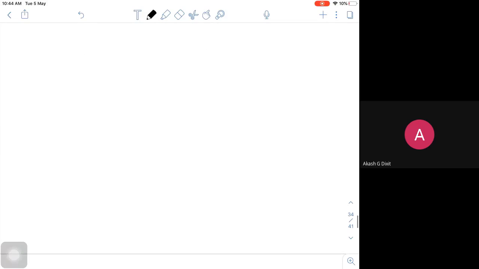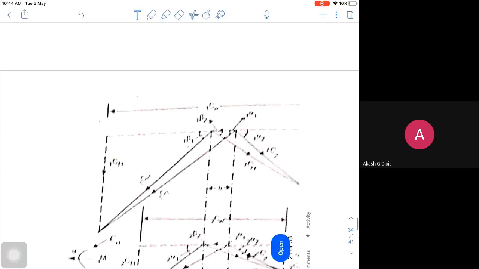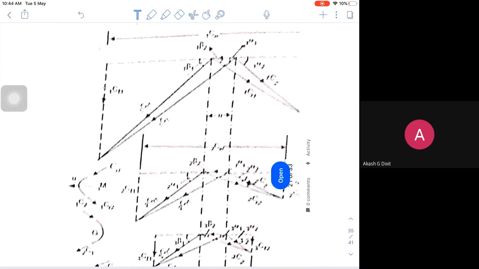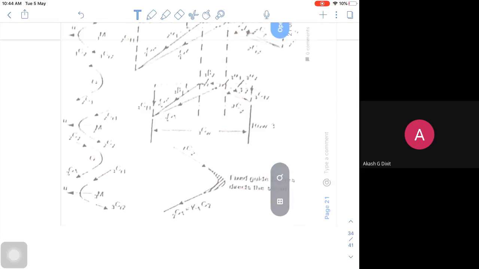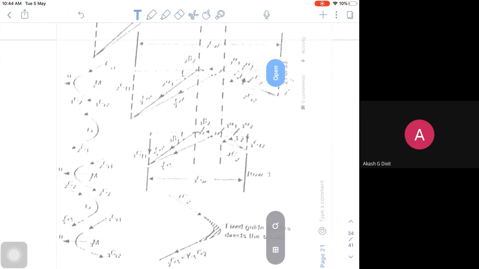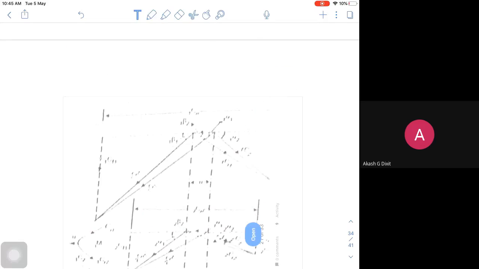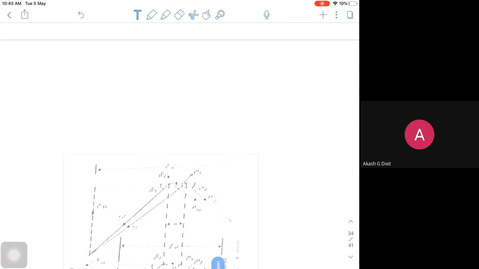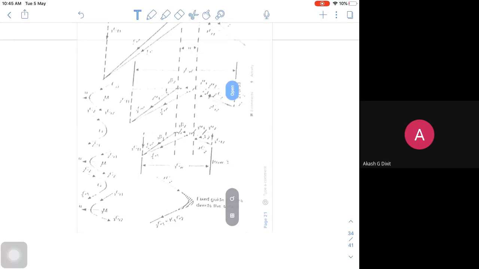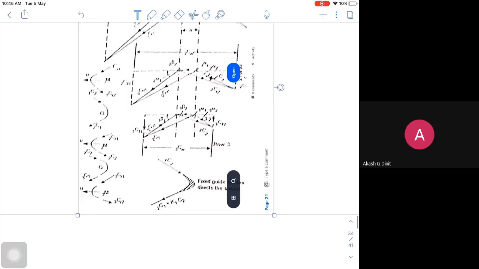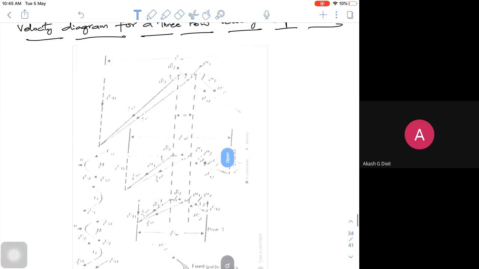So I have this velocity triangle, which is there in the same book also.